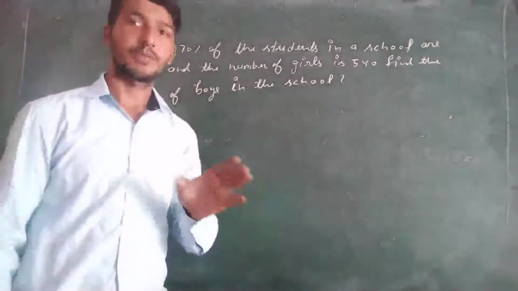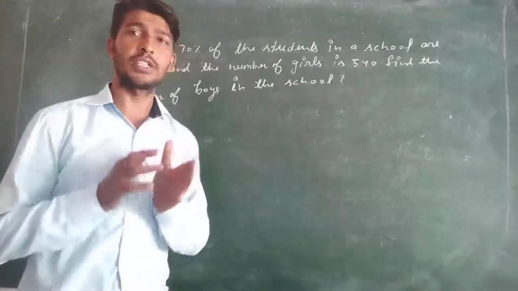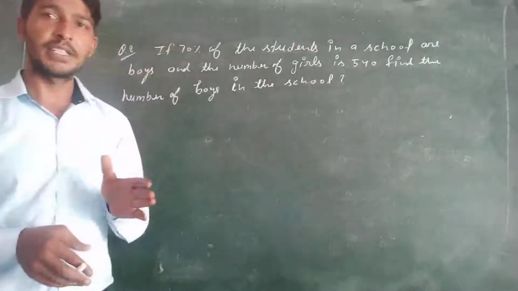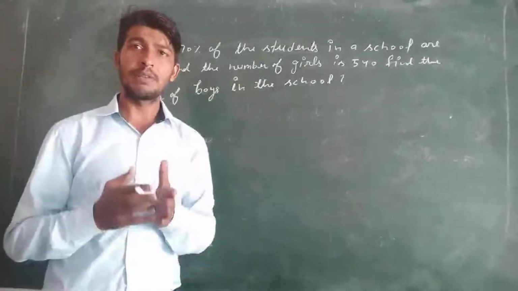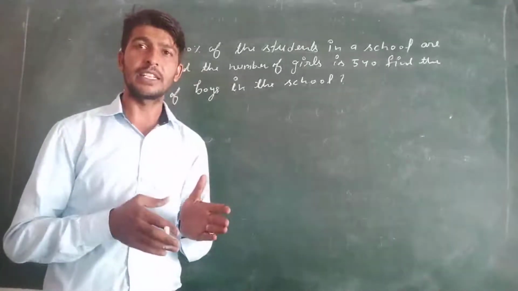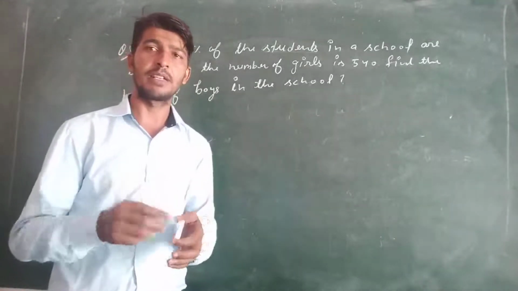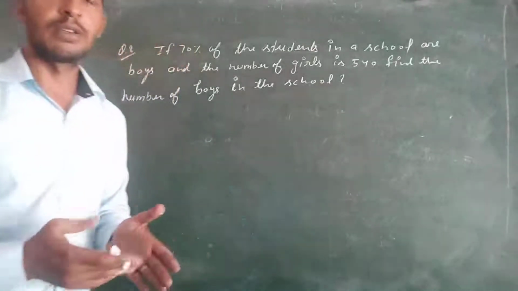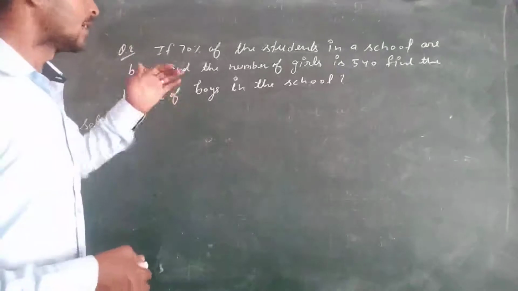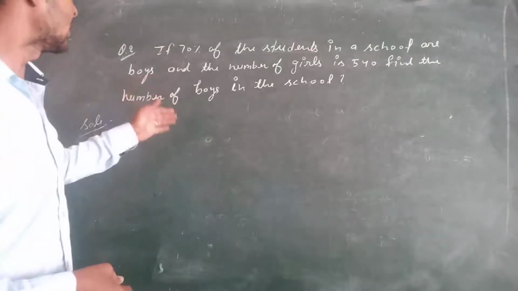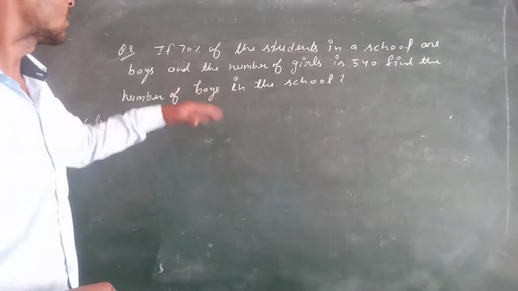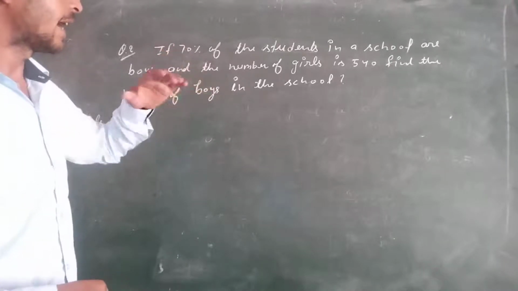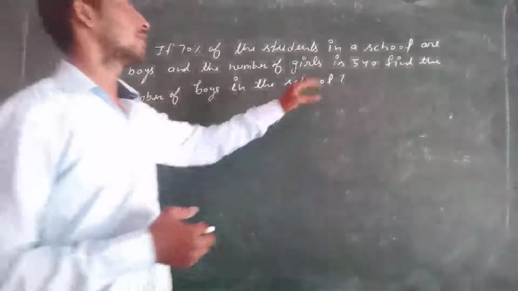Means, my dear students, in a school, boys and girls. So when we sum the boys and girls strength, then we have the total strength of the school. But he has given us the boys percentage, 70%, and the exact number of girls.